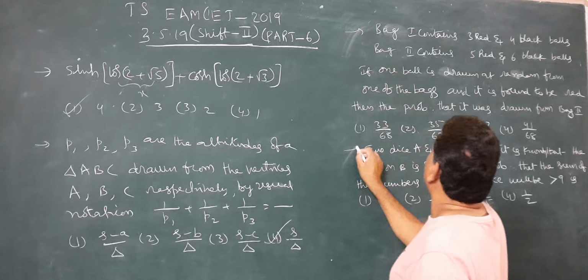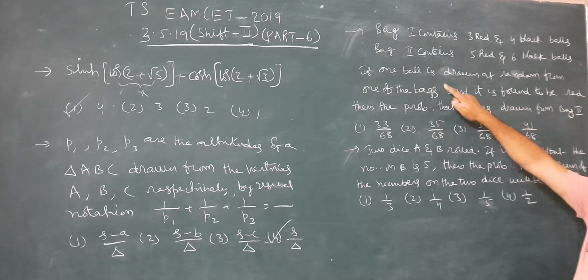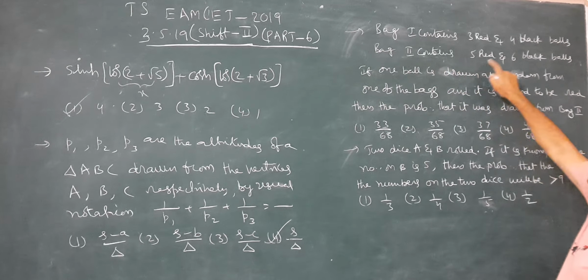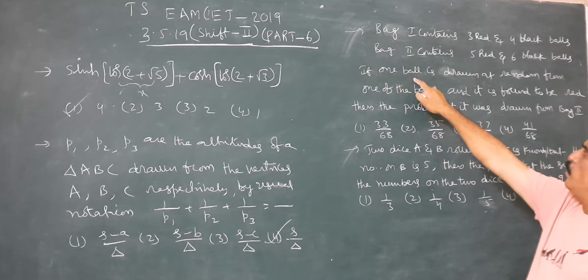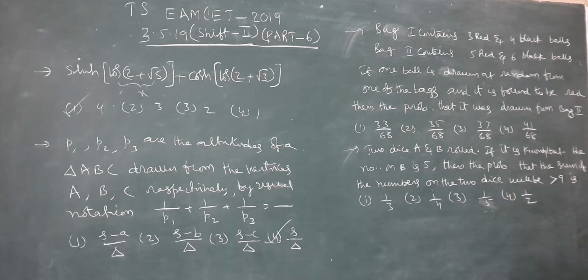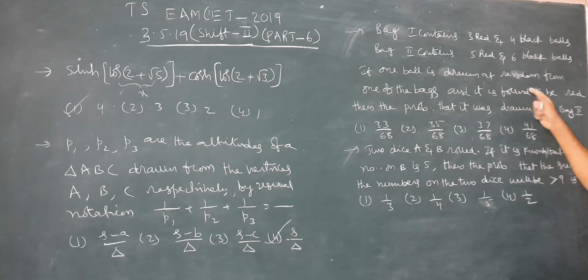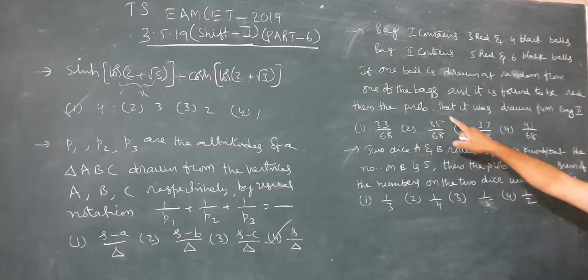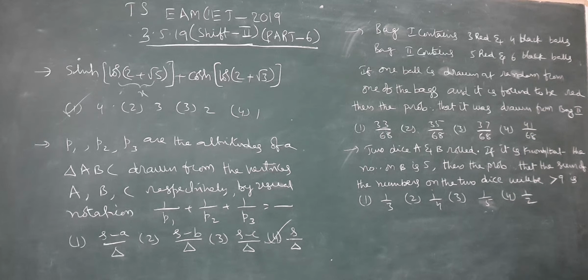Bag 1 contains 3 red and 4 black balls. Bag 2 contains 5 red and 6 black balls. If one ball is drawn at random from one of the bags and it was found to be red, then the probability that it was drawn from bag 2.